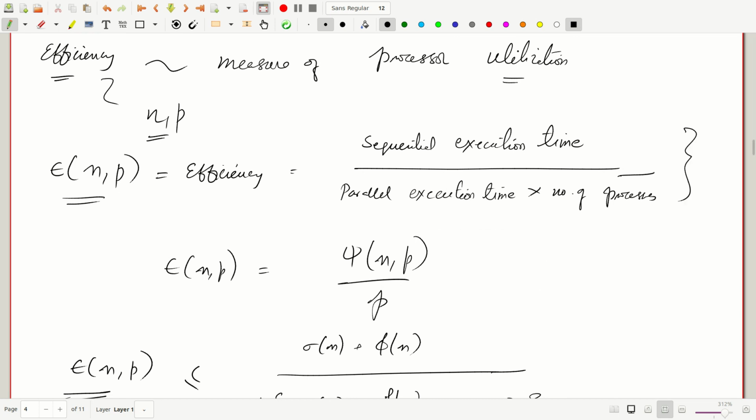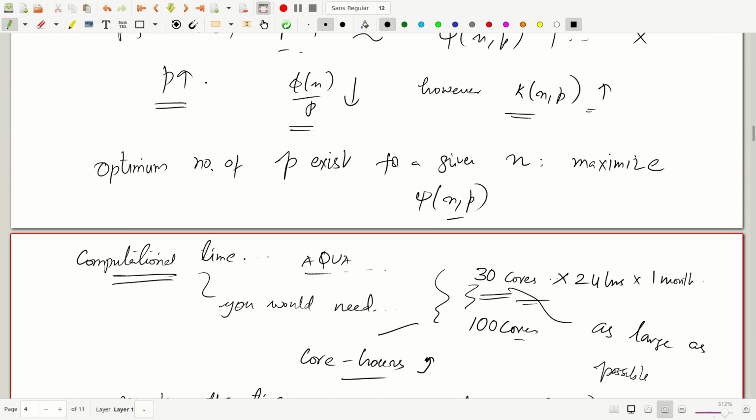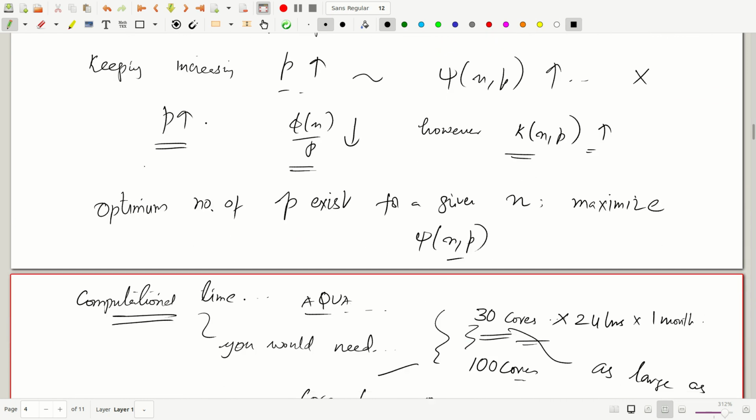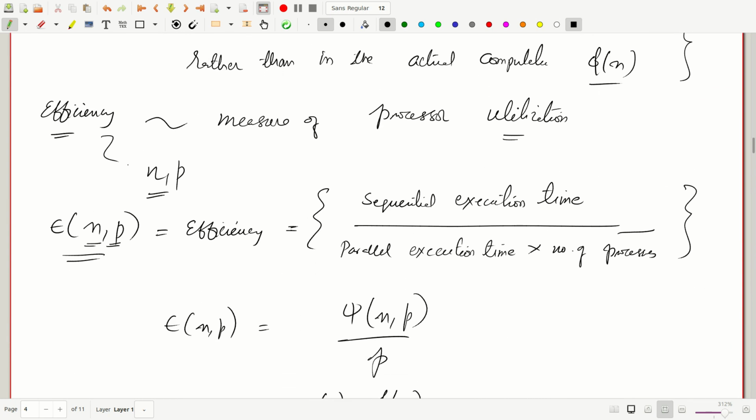You could run your program for a certain number of iterations, and for a given problem size and number of processes, you could time your program and take the sequential execution time divided by the parallel execution time times the number of processes. That would give you the efficiency for a given problem size on a particular number of processes, and accordingly you can decide with what efficiency you could ask for how many hours you want and things like that. Okay, so that is where efficiency would come in handy.